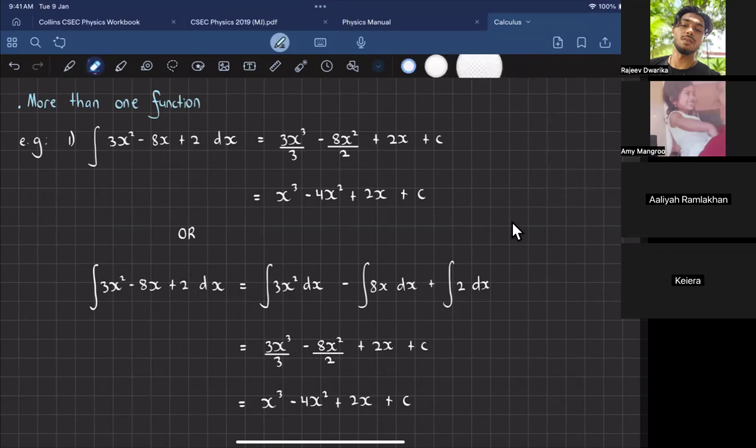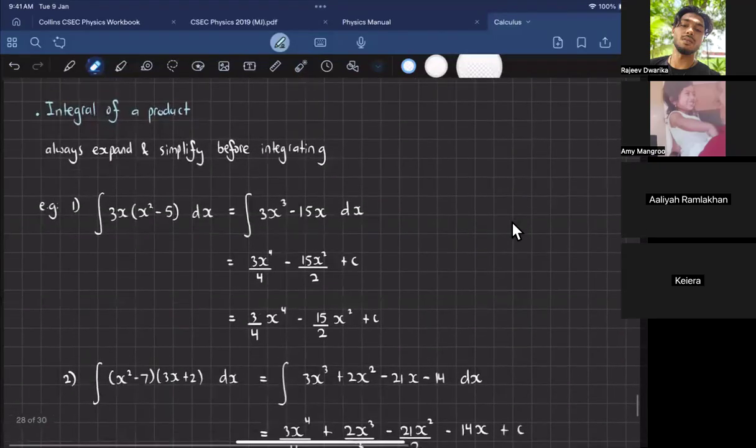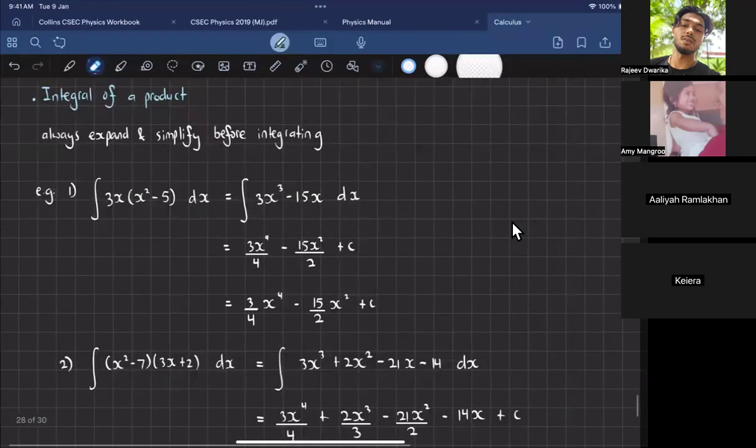Alia, do you have everything copied down here? Okay, nice. So now we're going to look at the integral of products. This is also simple. In integration, before you could integrate, you need to simplify. I think you get that by now.